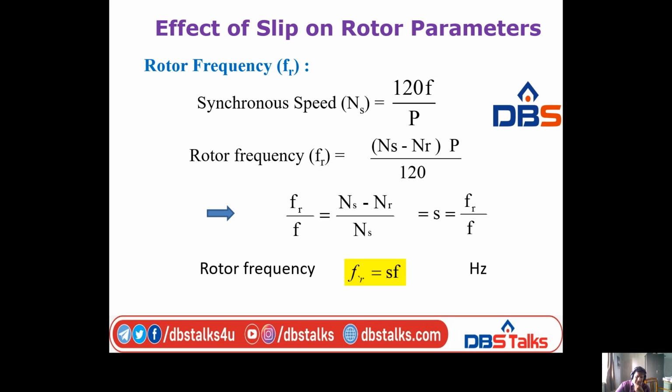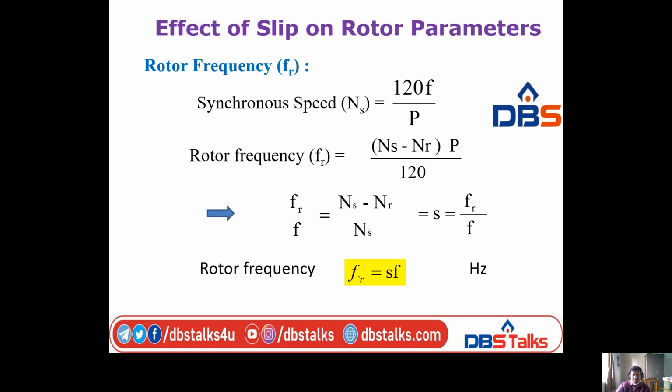Fr by f is equal to (ns minus nr) by ns, where f is nothing but p ns by 120.